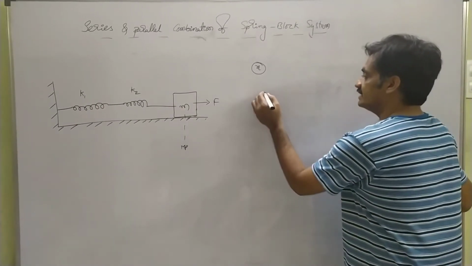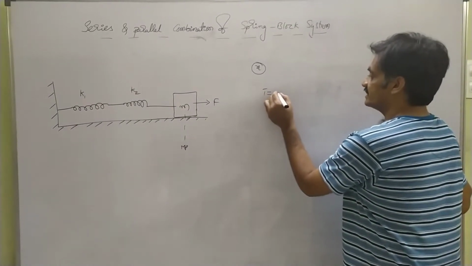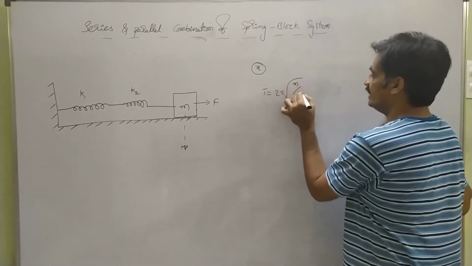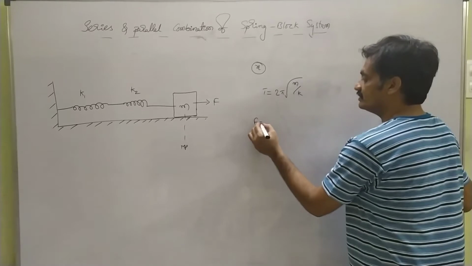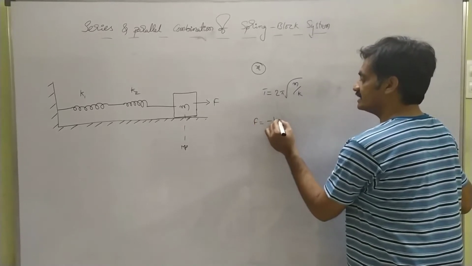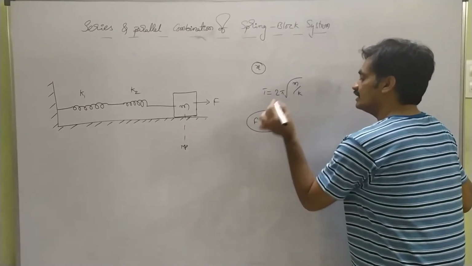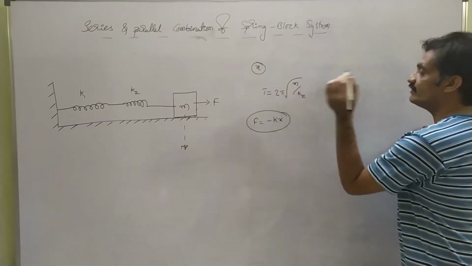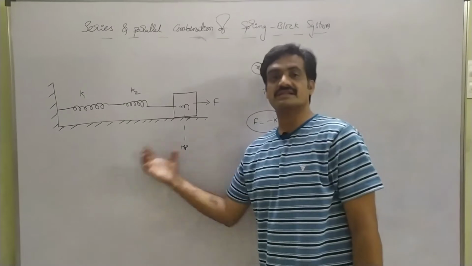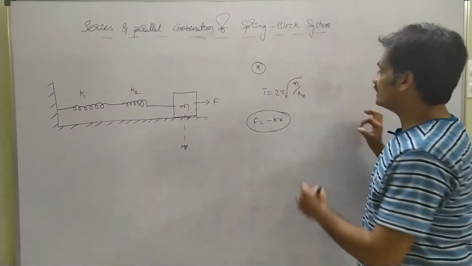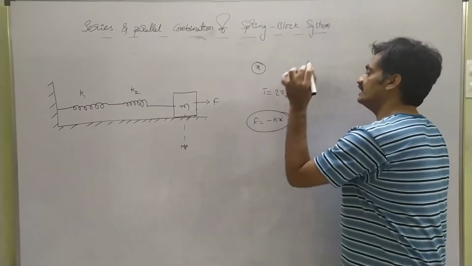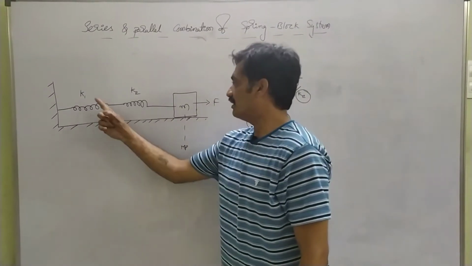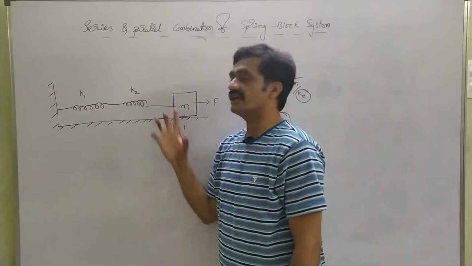In this case, the time period is represented as T equals 2 pi into root of m by k when we consider the force F equals minus kx. If we consider this force constant as equivalent force constant k suffix e, then we have to represent the value of this equivalent force constant based on these two springs of force constants k1 and k2.